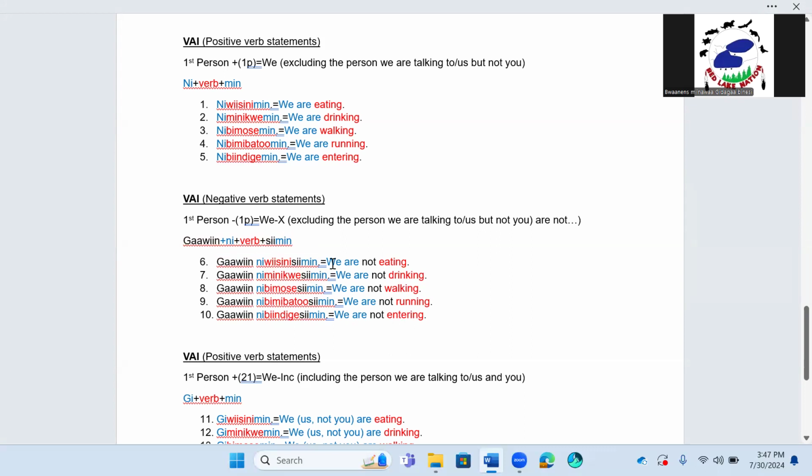We are not drinking. Number eight, gawiin nibimosesimin. We are not walking. Number nine, gawiin nibimibatoosimin. We are not running. Number 10, gawiin nibindigesimin. We are not entering.